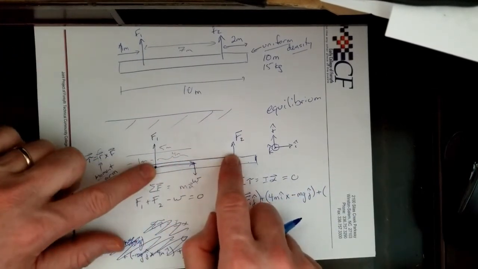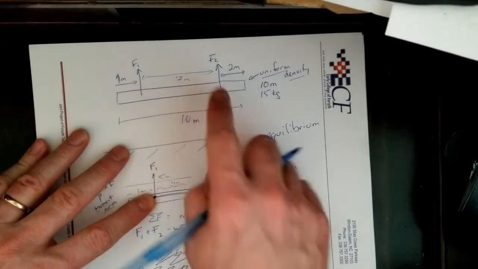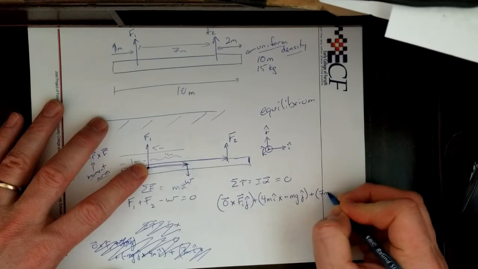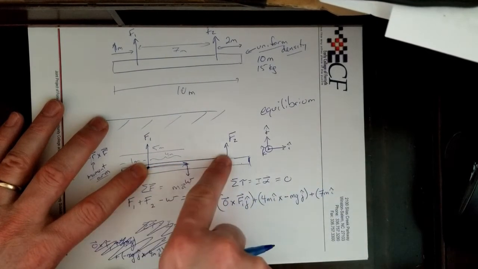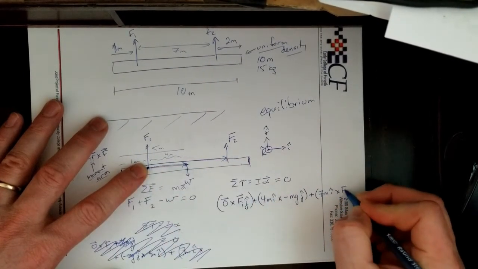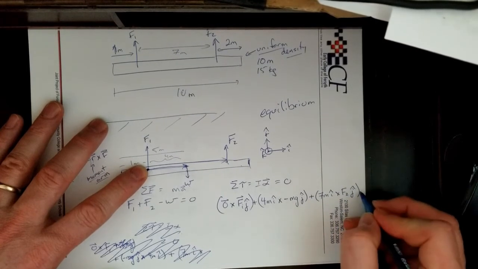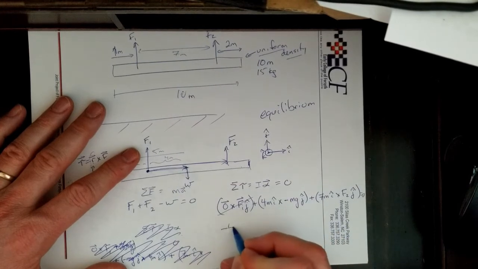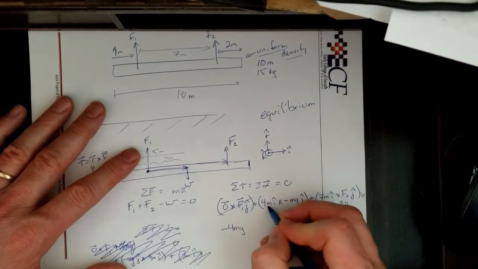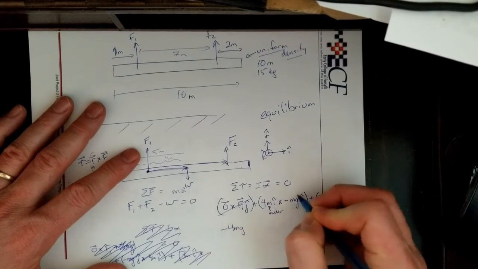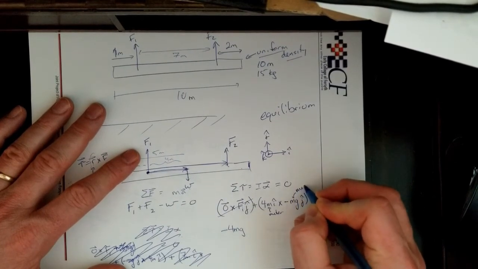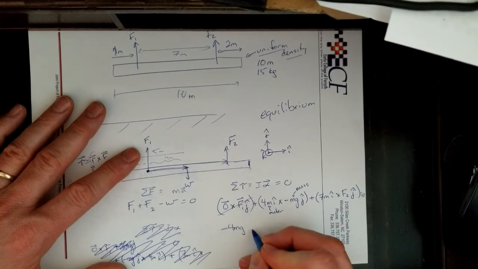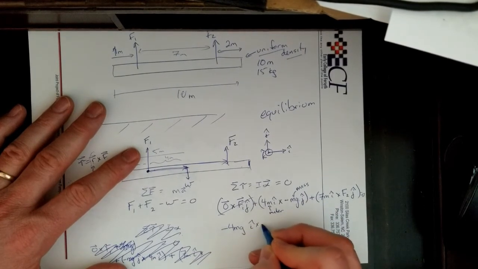Well, that distance there is 7 meters as discussed earlier. And so we have 7 meters I hat because it's a vector going to the right cross F2 j hat. And that's equal to 0. So that's 0. We're left with negative 4 mg. Recognize this m here is meters. This m right here is mass. So we have 4 mg I cross negative j.